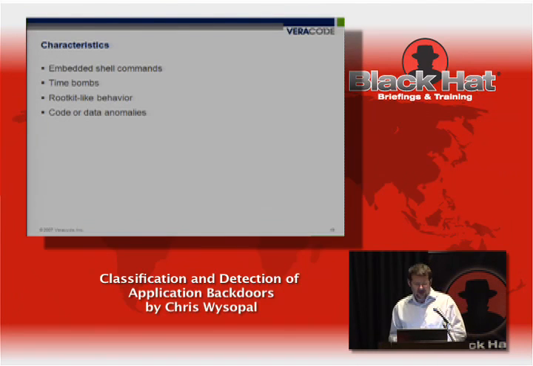One of them is embedded shell commands. If you find embedded shell commands in the code, it's probably a sign something is up. Look at timing information, or look for obfuscation techniques, either hiding at runtime with rootkit behavior, or hiding statically with obfuscated code.